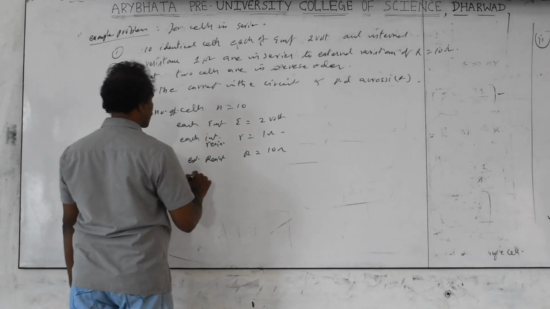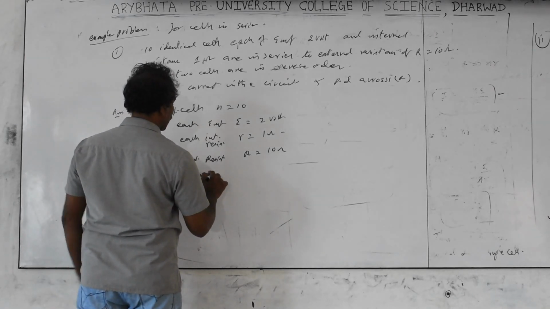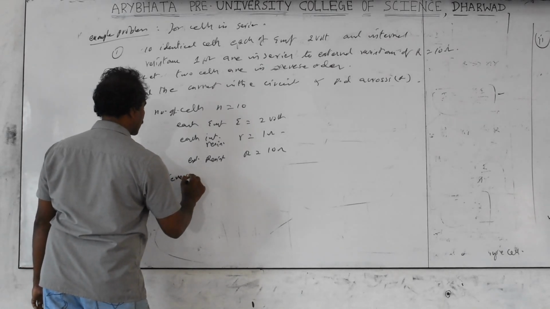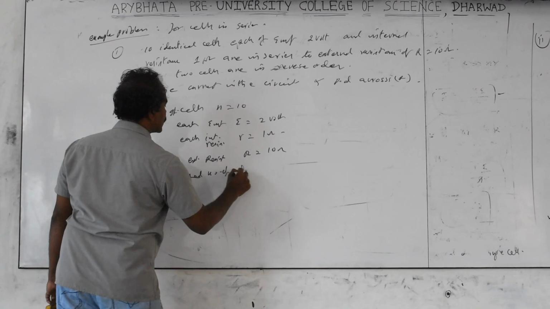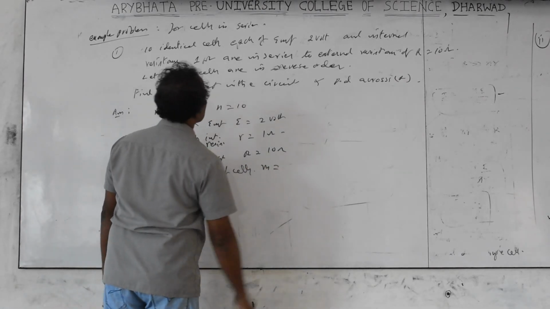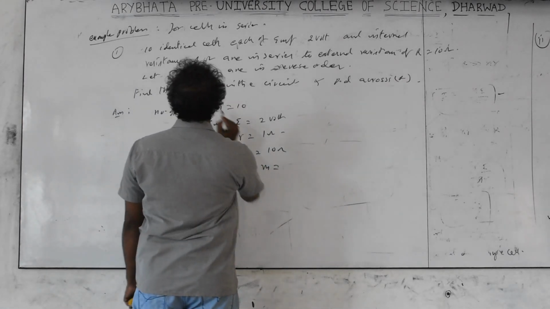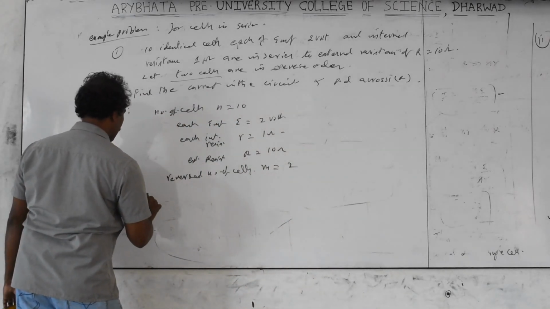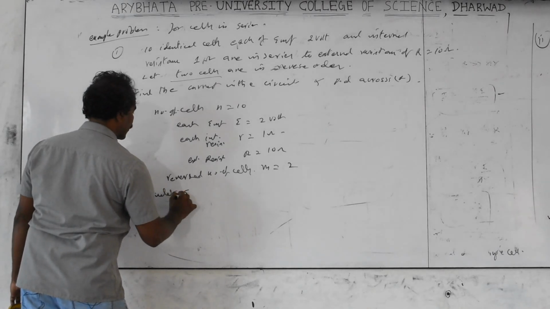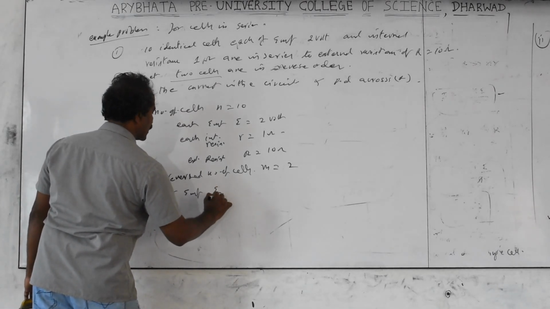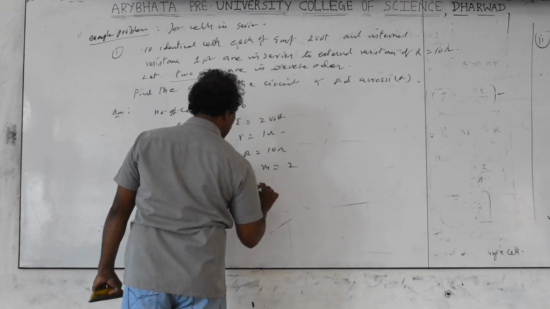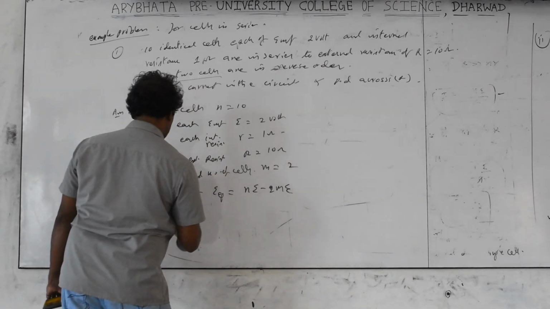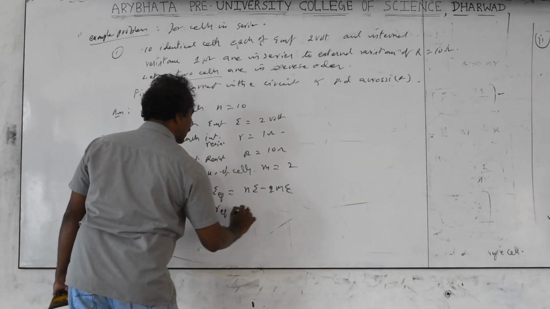Number of cells reversed, that is m, equal to 2. So equivalent EMF is E equivalent equal to NE minus 2mE for the reversed cells, and internal resistance R equivalent is 10 ohm.